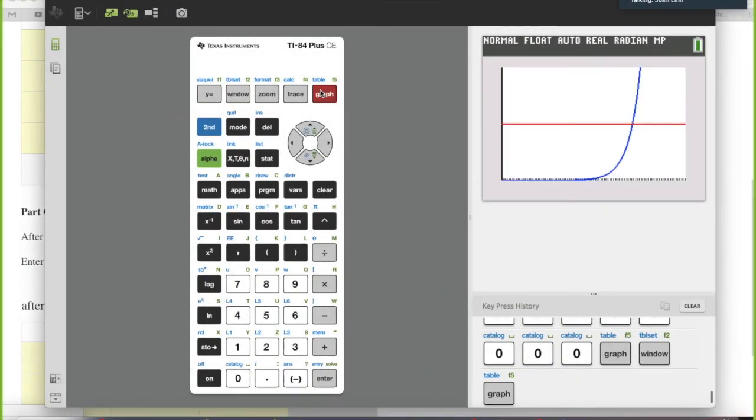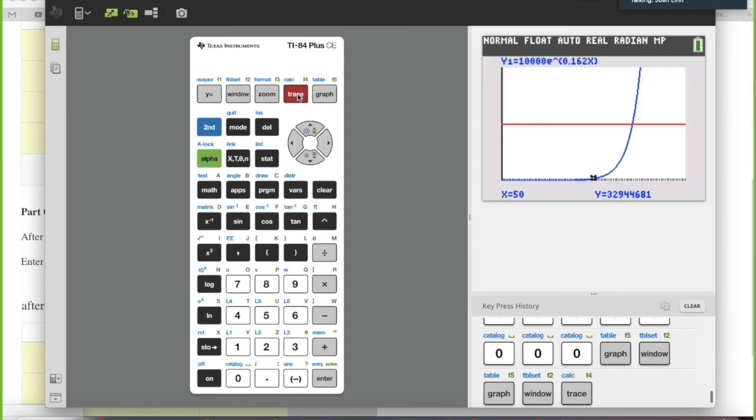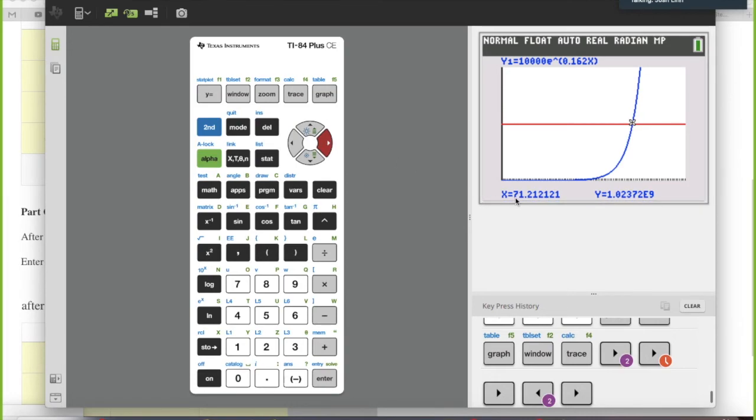Alright, so I played with it a little bit. This is what I got. Again, once I started thinking about it, it made sense. If you go over here to your window, what part of the chunk do you want to see? So I just used the trace function on my exponential curve, and I kept going until I found about 1,000,000, and that was when I found x equals 71 or somewhere around there.